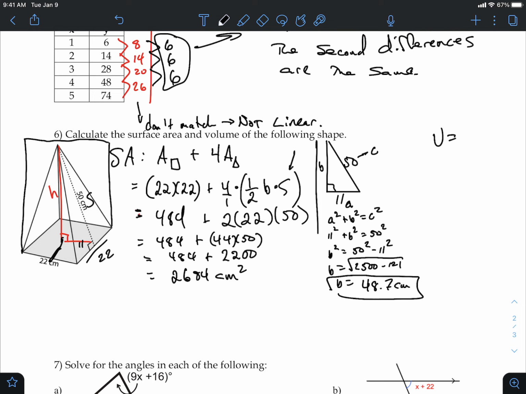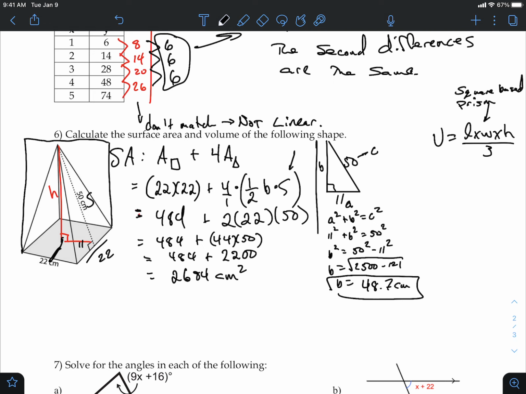So on the top here, it's length times width times height. That's how you would find the square-based prism. But it's not a square-based prism. It's a square-based pyramid. So a pyramid would be 1/3 the volume.